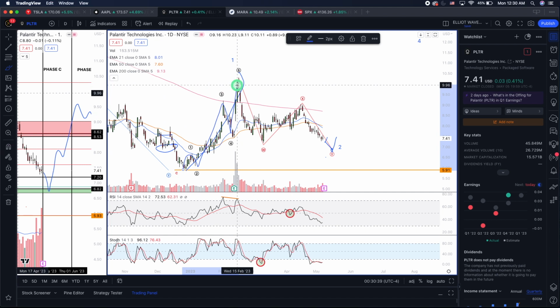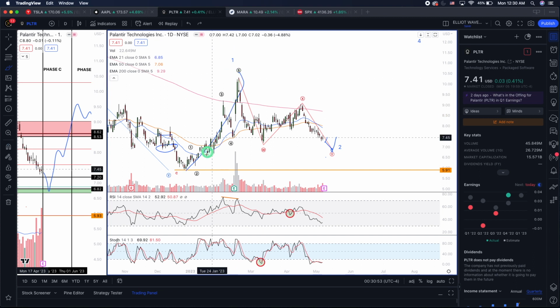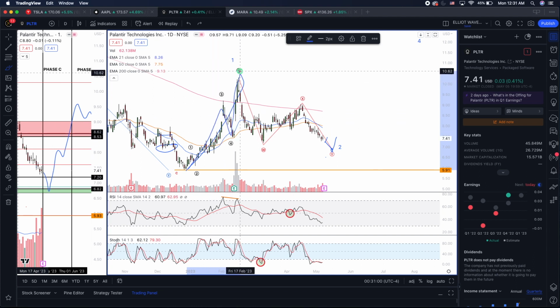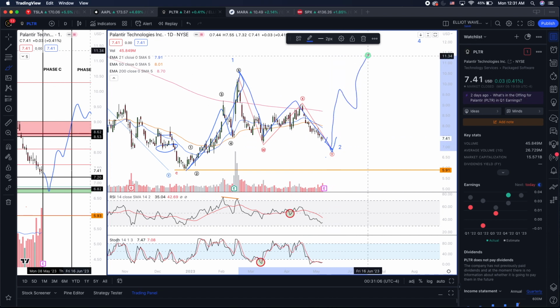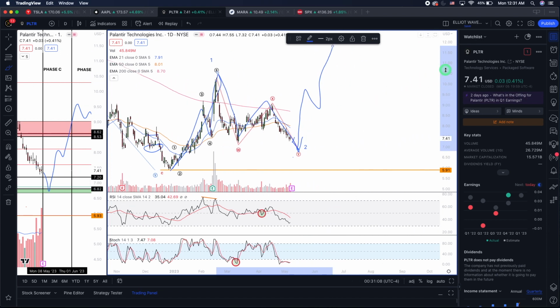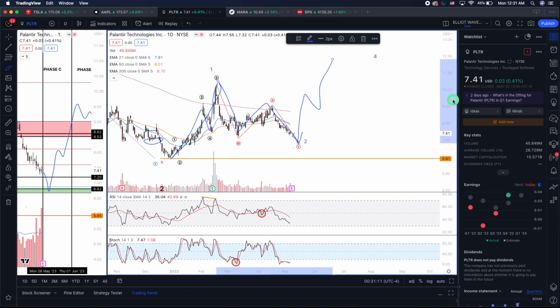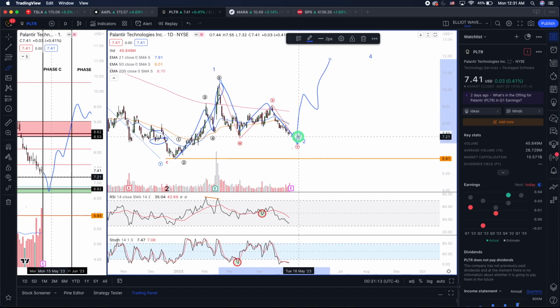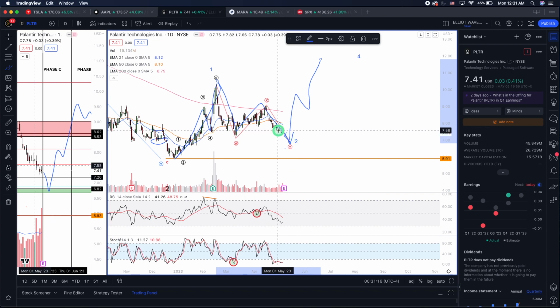I'm also starting to think that this could just be a 3-wave move, and if that is the case, just like some of the other videos, like my Shopify video and my video on Mara and Riot, a lot of these stocks at these December lows where they've bounced have been playing out in these leading diagonal structures, where you get a 3-wave structure, and then possibly another 3-wave structure. So that's something to watch for, and if that is playing out, I will let you guys know.